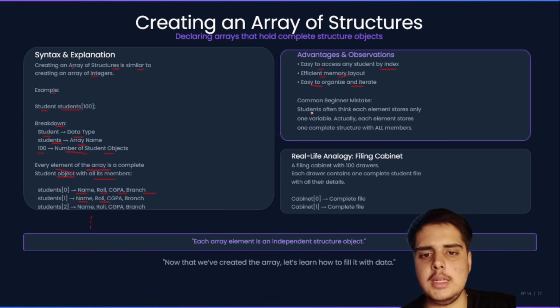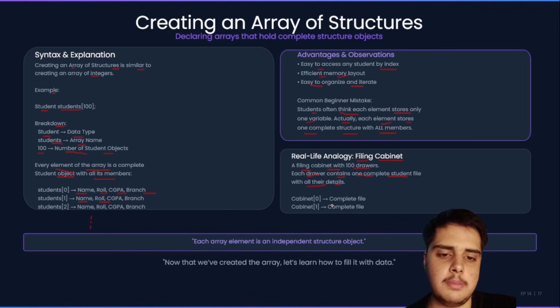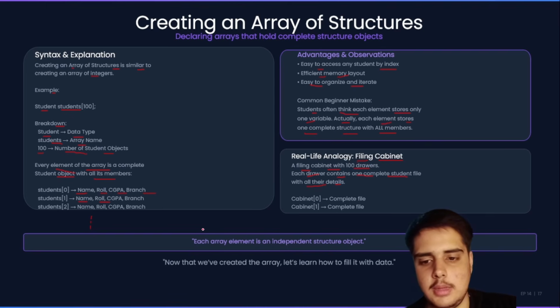A common beginner mistake is thinking each element stores only one variable, but actually each element stores one complete structure with all members. A real life analogy is a filing cabinet. A filing cabinet with 100 drawers, each drawer containing one complete student file with all their details. So drawer 0 is complete, 1 is complete, and similarly it continues.